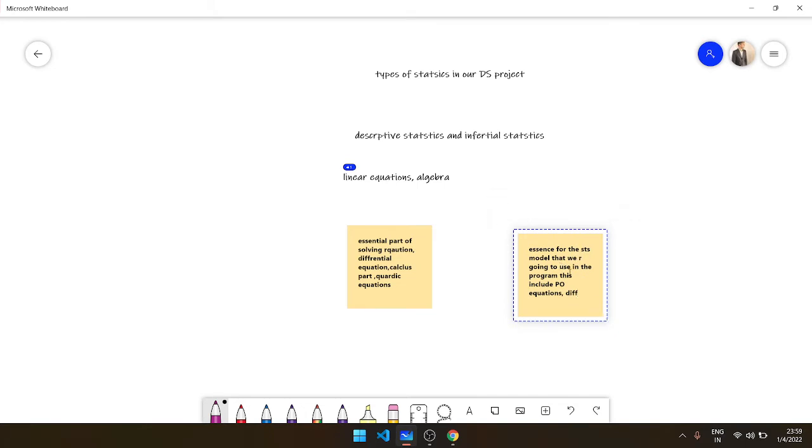including the real-time partial order equations, differential order problems, and it also includes probability, ML maths part, straight lines equation.